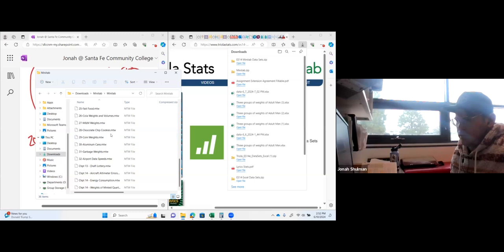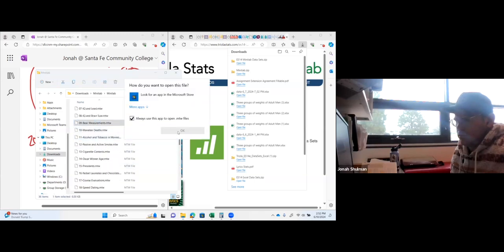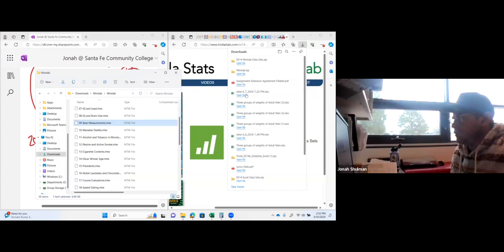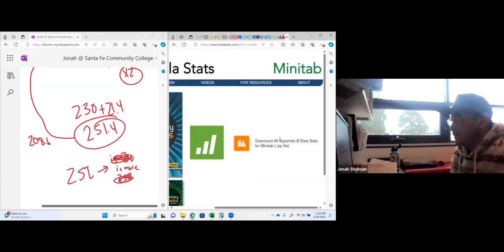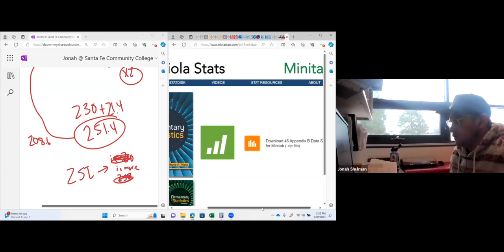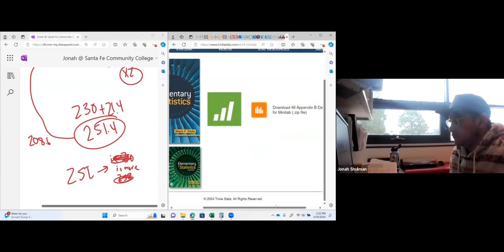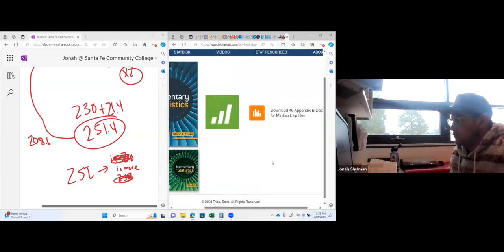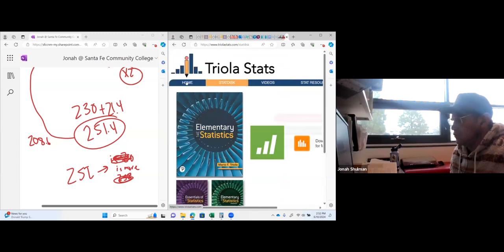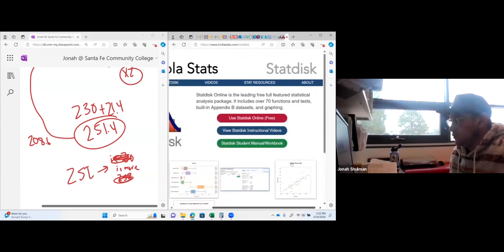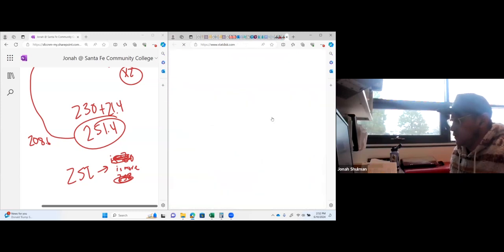Chapter what, 5? Oh, that's with the data sets. StatDisk, will you work? Use StatDisk online for free.